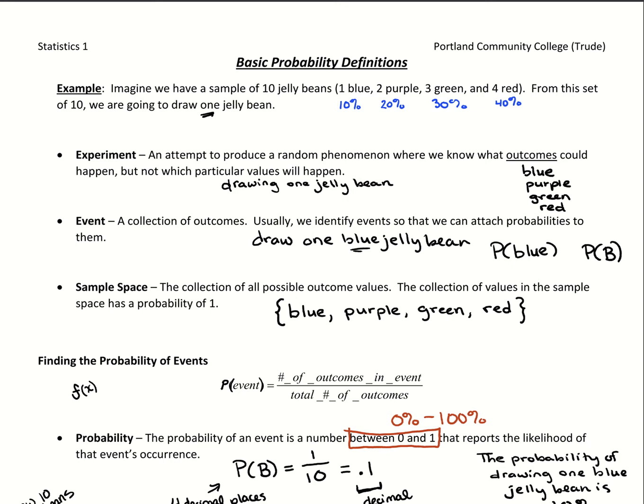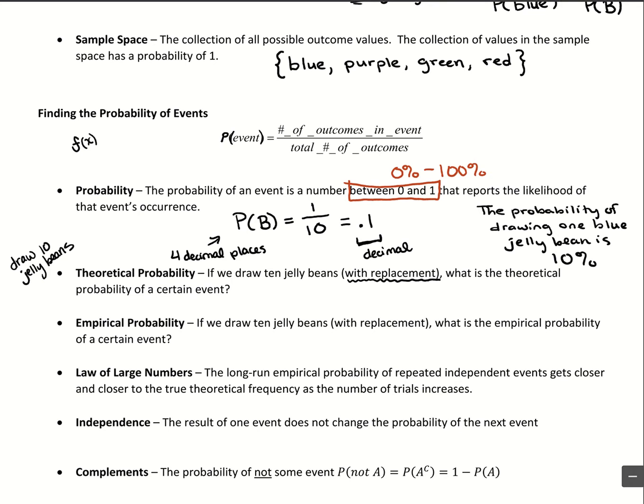So these probabilities are attached to these colors. Theoretically, these are the values that we should see. So if I draw 10 jelly beans, I expect to see this probability of blue 10% of the time, or I expect to draw one blue jelly bean out of those 10 jelly beans.